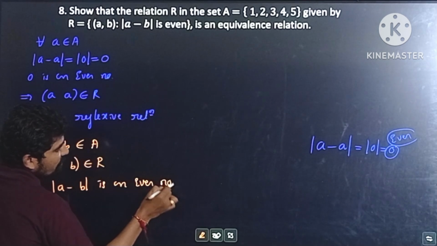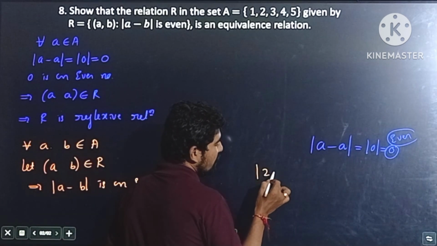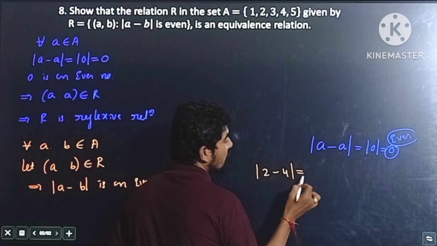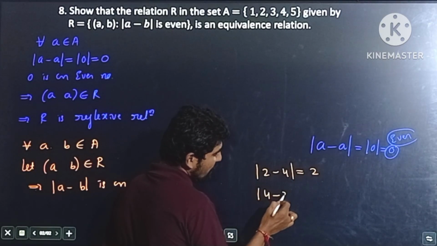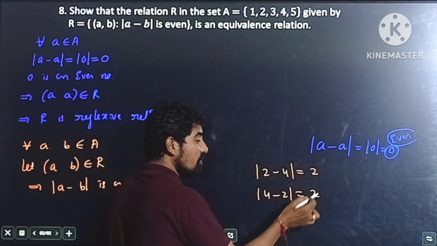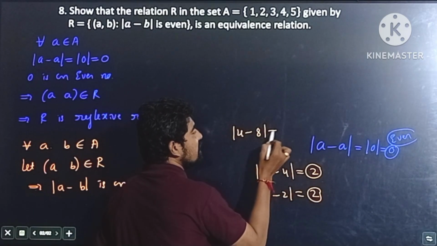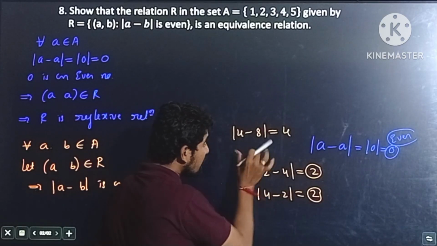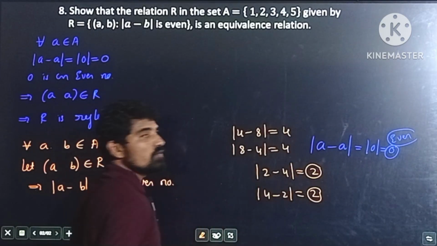See here, modulus of 2 minus 4 is equal to 2, so definitely its reverse, modulus of 4 minus 2, is also an even number. Or modulus of 4 minus 8 is equal to 4, which is an even number. Its reverse, modulus of 8 minus 4, is also equal to 4.